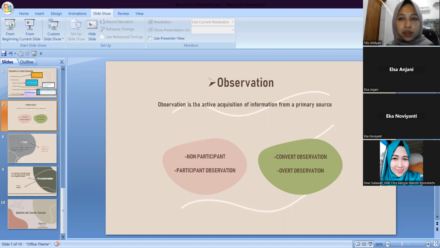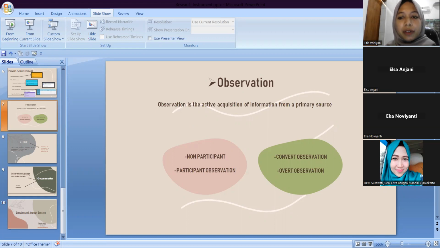Okay, it is divided into two types. The first is non-participant and participant. When we talk about non-participant, the researcher observes the respondent without participating directly. And participant is when the researcher observes directly and participates in the process, so they can see with their eyes and ears.